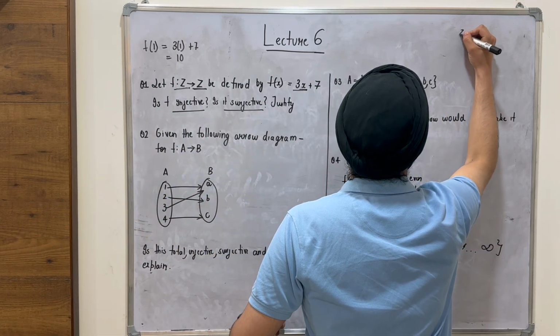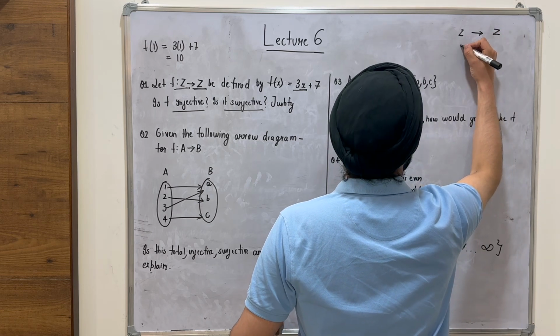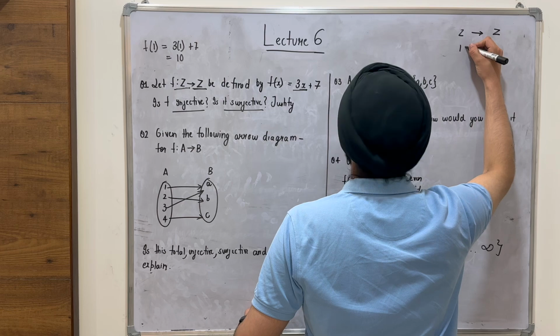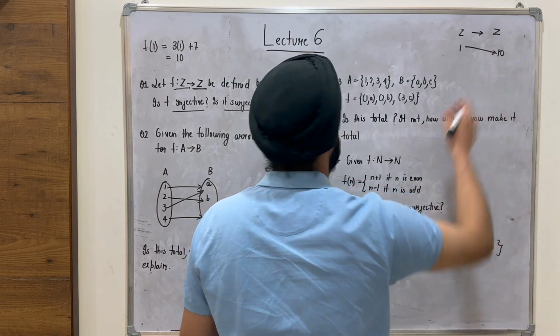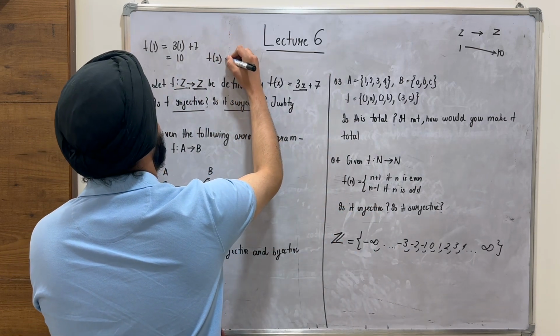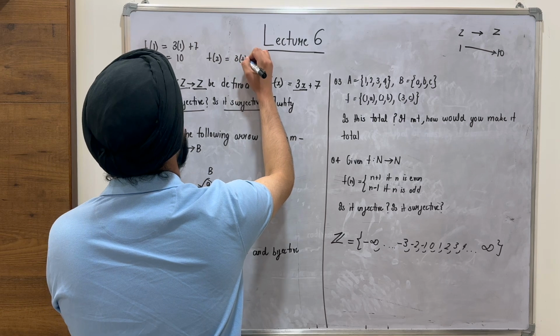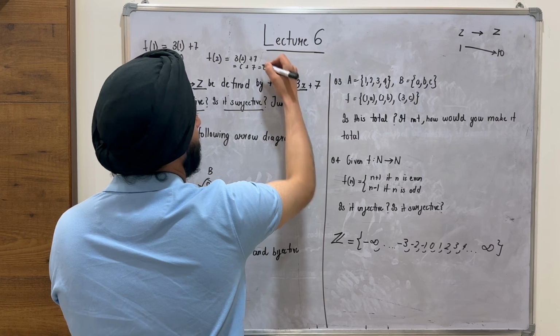If I try to represent this with an arrow diagram, let's say I have this set from Z to Z. If I input the value 1, it goes to the value 10 in the codomain. Let's say I input 2. It would be 3 multiplied by 2 plus 7, which is 6 plus 7, which is equal to 13.